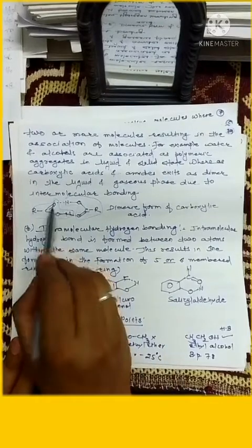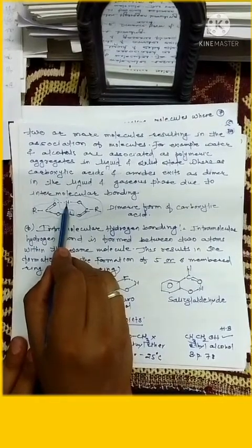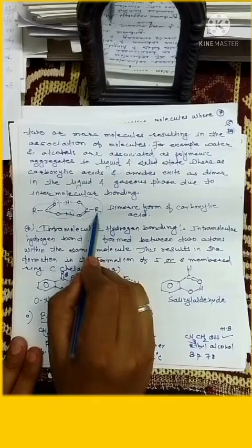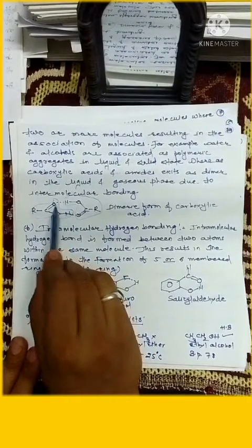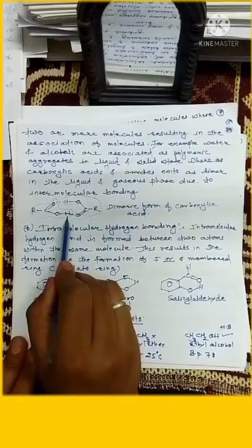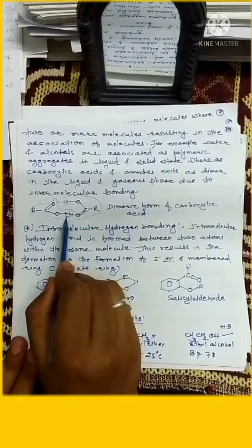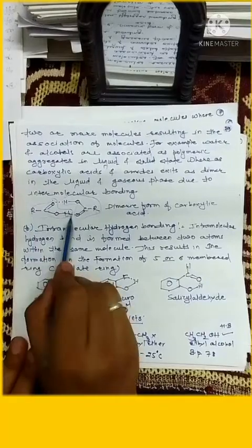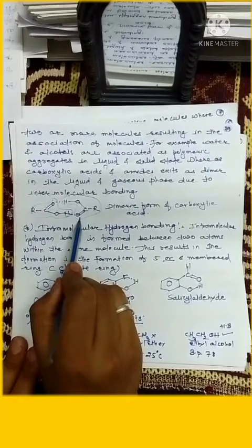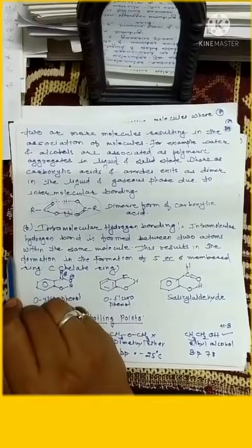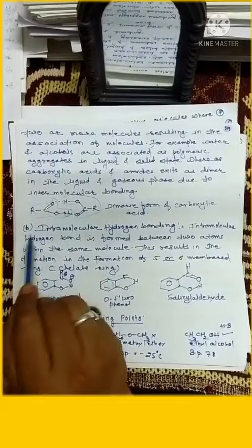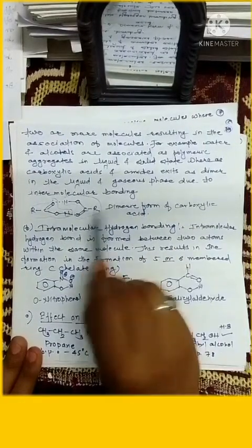So in this case, this hydrogen from this molecule is attracted towards this oxygen, while this hydrogen from this molecule is attracted towards this oxygen. So this type of bonding is simply known as intermolecular hydrogen bonding. It is the dimeric form of carboxylic acid.